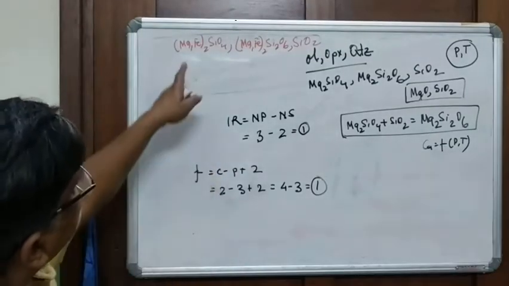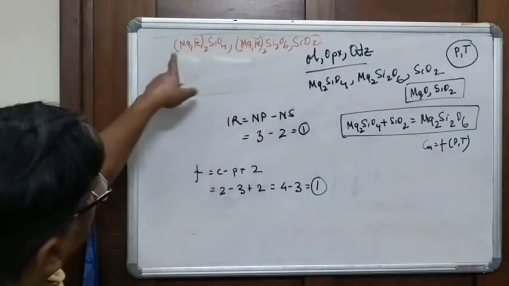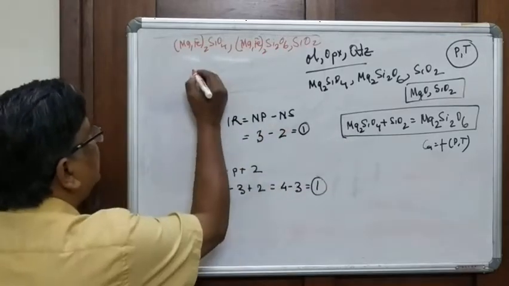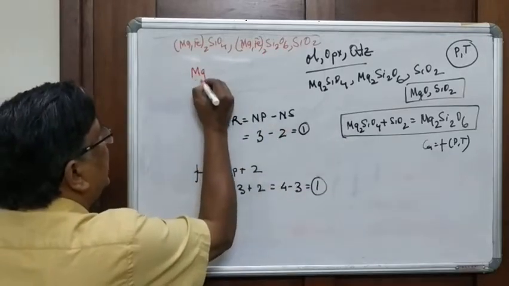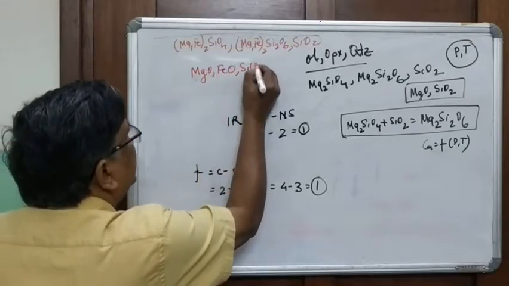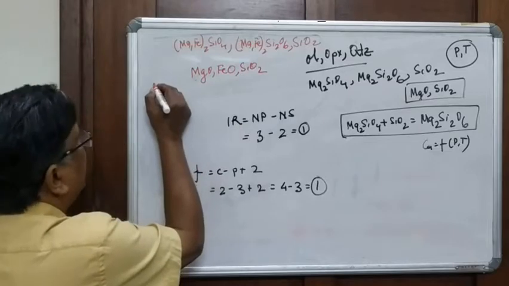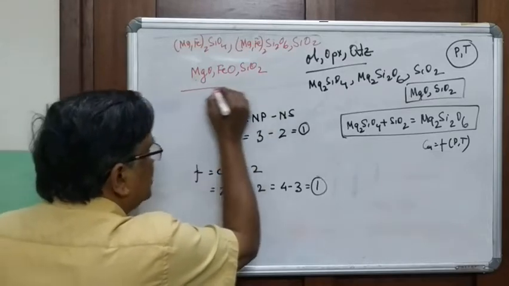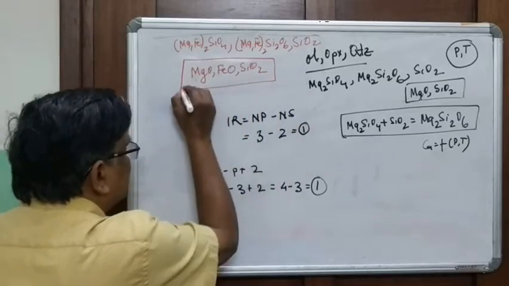If you do that, then you can see that you have three system components: MgO, FeO and SiO2. Have you understood? So there is a difference.